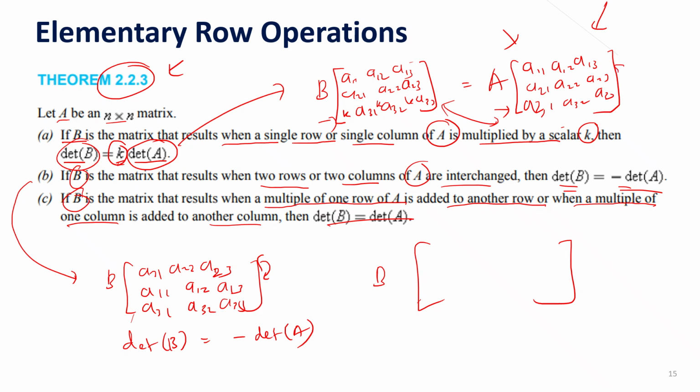This one will be A11 plus A31, A12 plus A32, A13 plus A33, then the rest is the same. So the determinant of this matrix B is equal to the determinant of A. We'll see the formula later on.